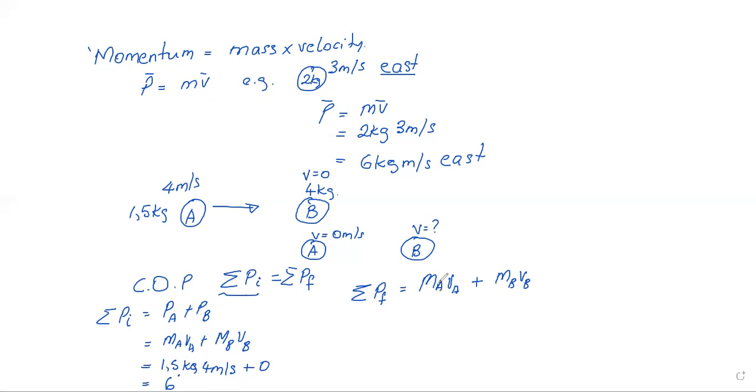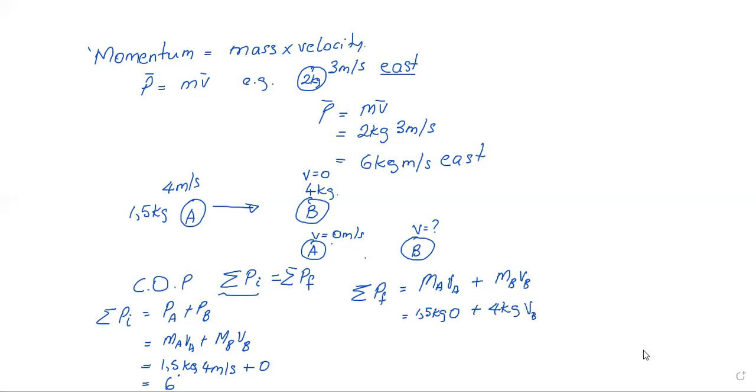And then we go to the momentum of the system after collision, and then that will be the mass of body A. The mass doesn't change, 1.5 kg. The velocity of that will be 0 after collision. And here we have the mass of body B, which is 4 kg multiplied by the unknown velocity.